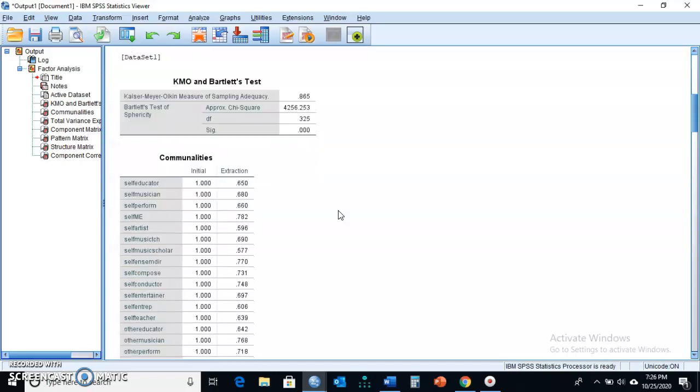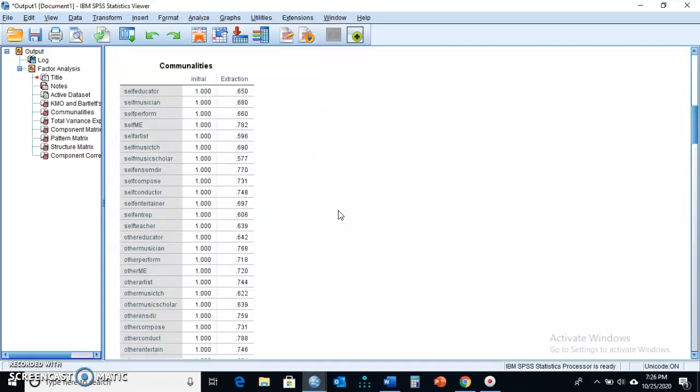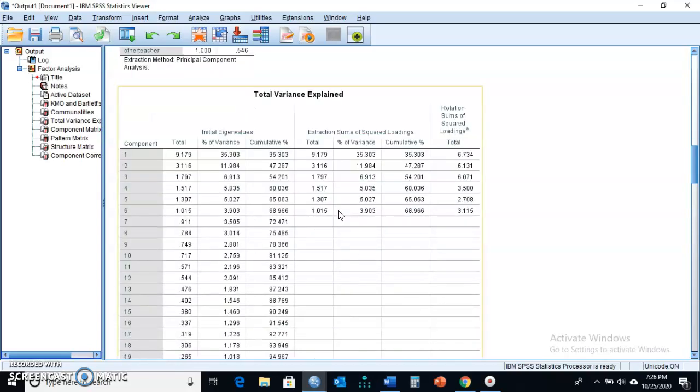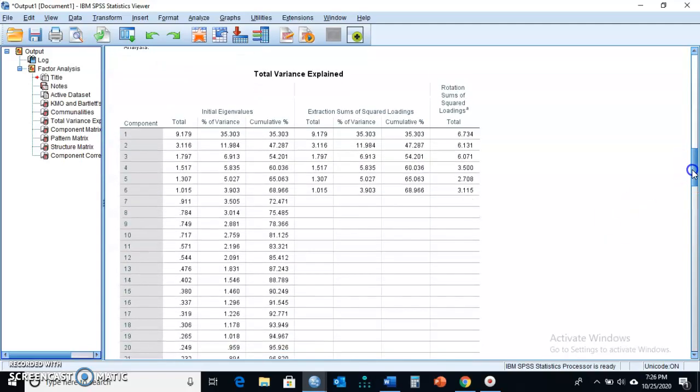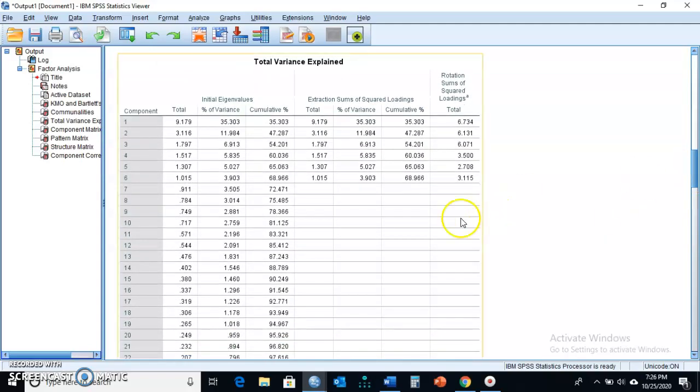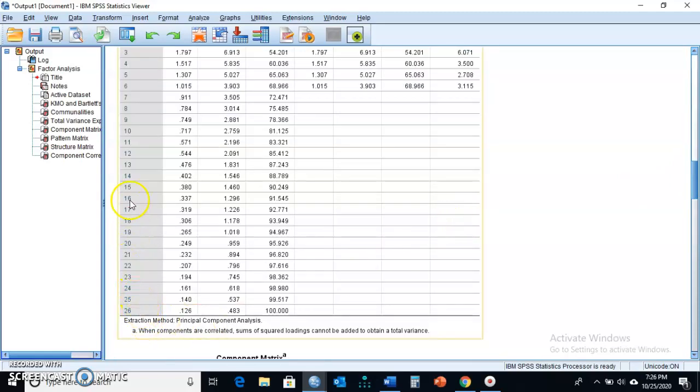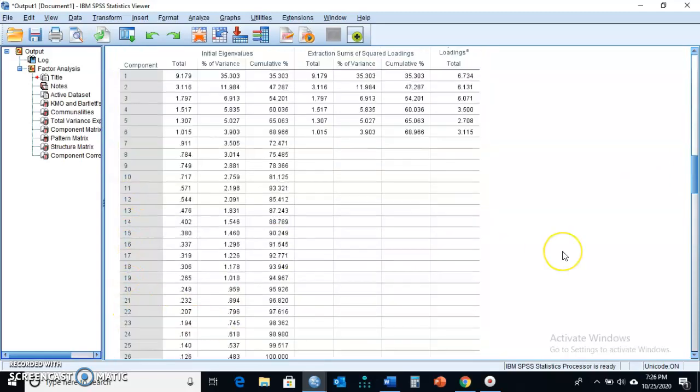So scrolling down, you're going to skip this next box called communalities and get to this one, total variance explained. What is going on here? Well, you see we have all 26 of our variables represented here. And this is showing us the different components that the computer clustered together for us.